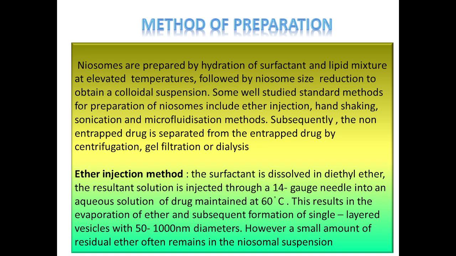This results in evaporation of ether and subsequent formation of single layered vesicles with 50 to 1000 nanometer diameter. However, a small amount of residual ether often remains in the niosomal suspension.